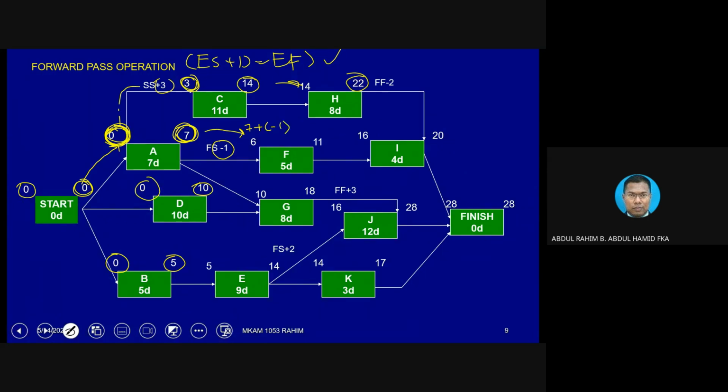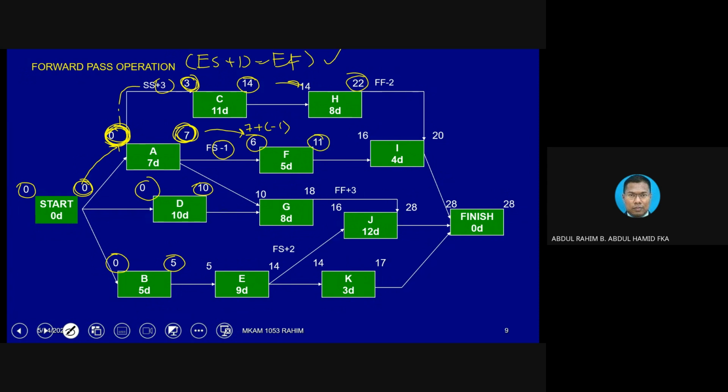As if 7 minus 1, then equivalent to 6. Because negative means overlap. So the starting of F is ahead of time by 1 day. And that's why 6 is there. Okay, then within the box, 6 plus 5 equivalent to 11.